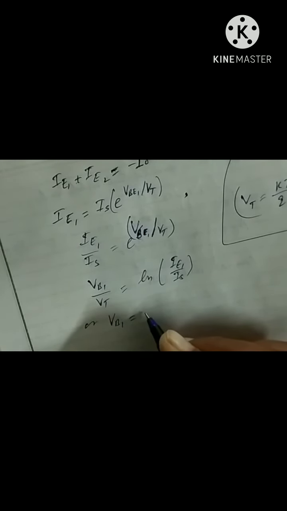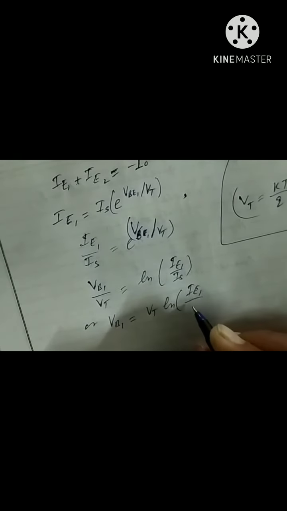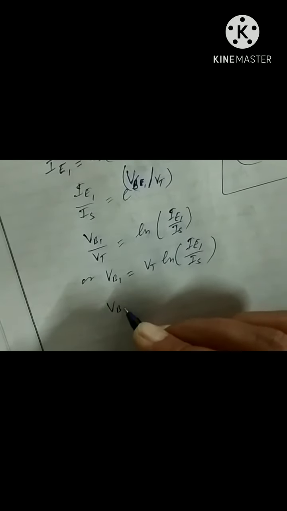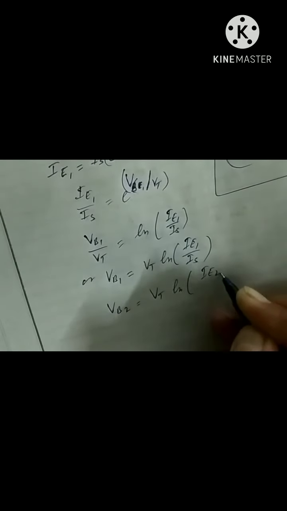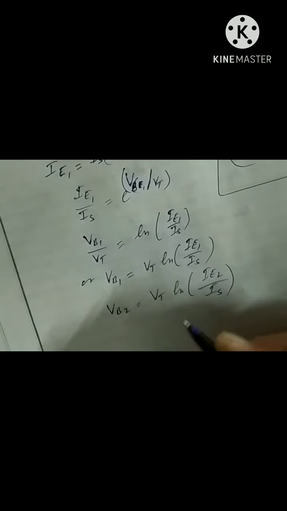Now we can write VB1 by VT is equal to, or VB1 is equal to VT ln IE1 by IS. Similarly, we can write VB2 is equal to VT ln IE2 by IS.